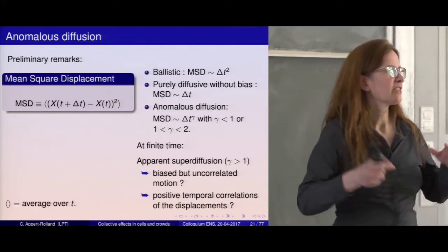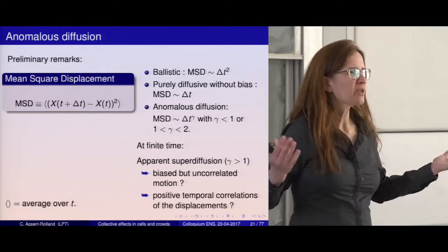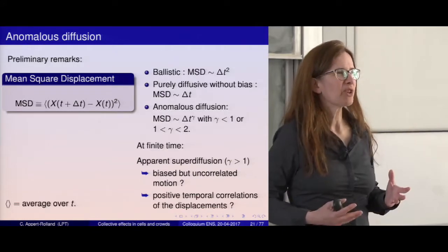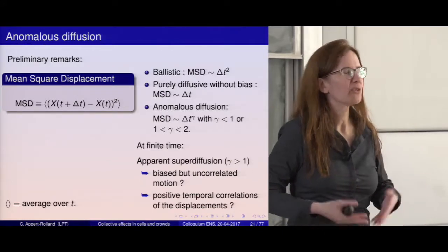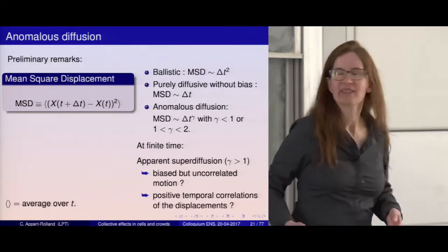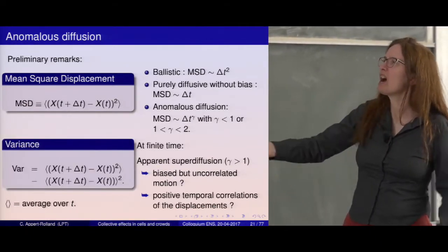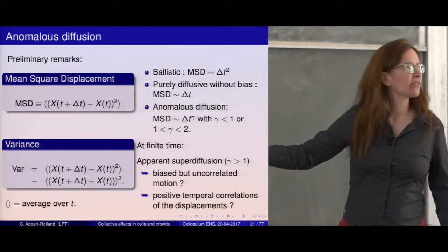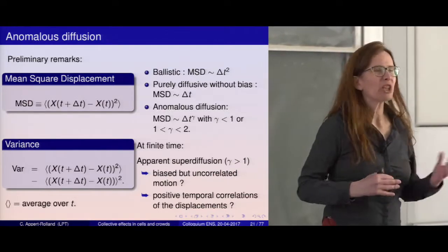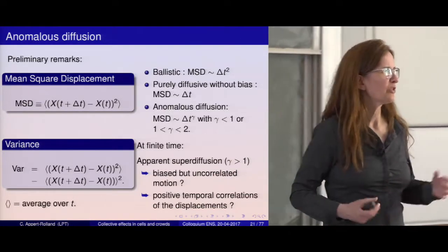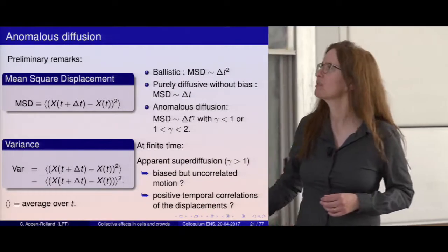And as I said, the two teams are different, so you expect that the generic situation is that you have a bias. There is no reason why it would not be biased. But OK, that's what people do. In our numerical studies, we rather take the variance to make sure it is really superdiffusion. So we remove this bias.